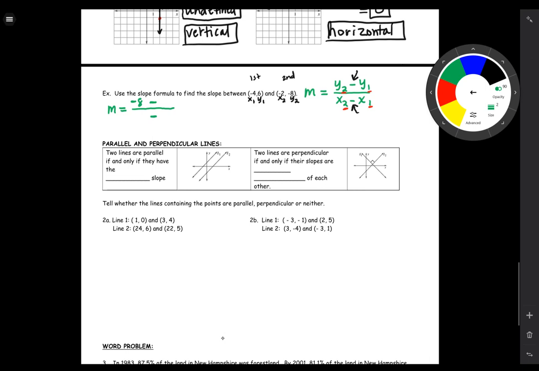So y2 minus y1, and y1 is positive 6 over x2. X2 is -2, and x1 is -4. So you could do it like that, or you could put this in parentheses. I sometimes just don't because then I know negative times a negative is a positive. So let's do this.